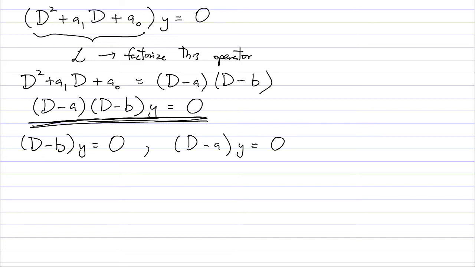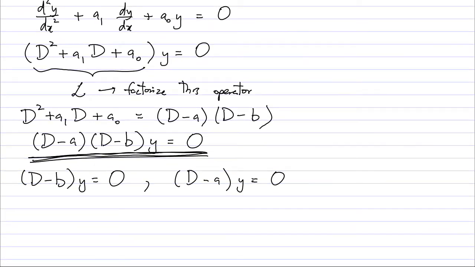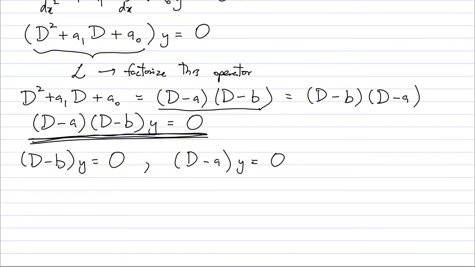It turns out that the commutator is 0, which means that you can swap the order of D minus a and D minus b. That makes sense, because when I factorize it, I might as well have written this as (D minus b)(D minus a), because a and b are just roots. It's up to me what I call a and what I call b. So in other words, I've reduced my second order differential equation to first order differential equations, and I'm happy with that.